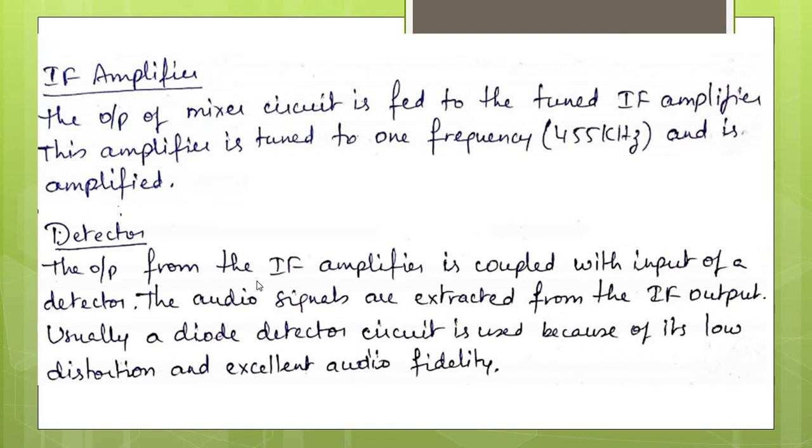The purpose of the detector or the demodulator is to extract the audio signal or the message signal from the combination of the message and the carrier signal, which is the modulated signal. This detector or demodulator uses a diode detector circuit. These are the advantages of a diode detector circuit: it gives low distortion and excellent audio fidelity.